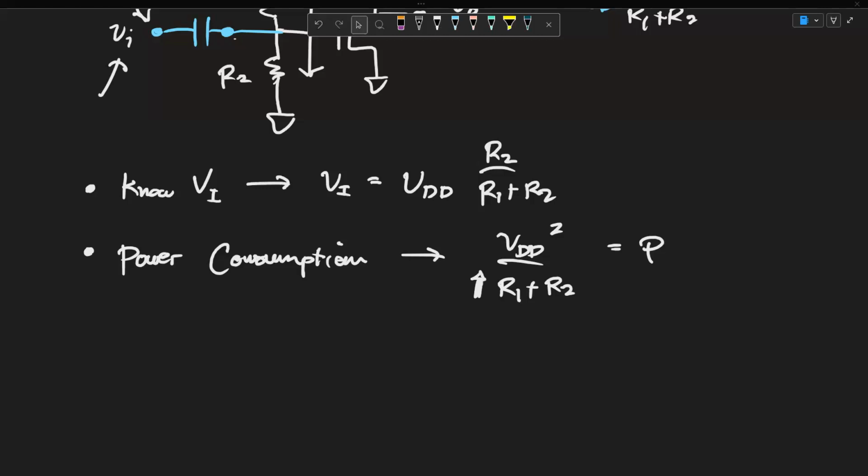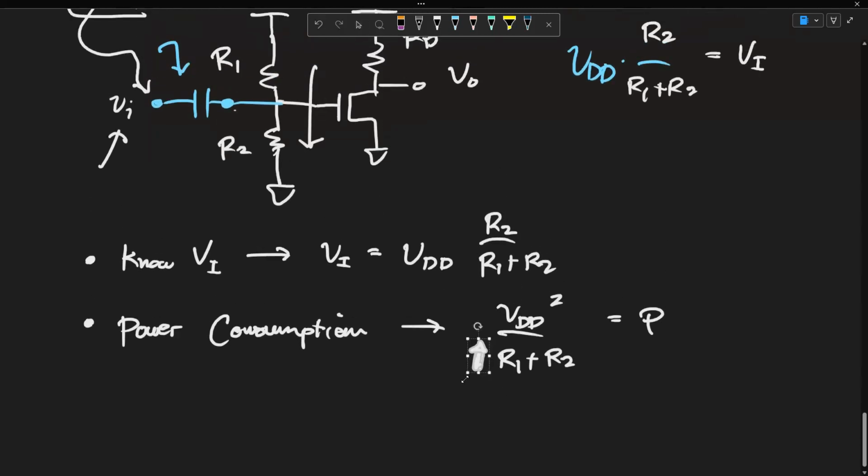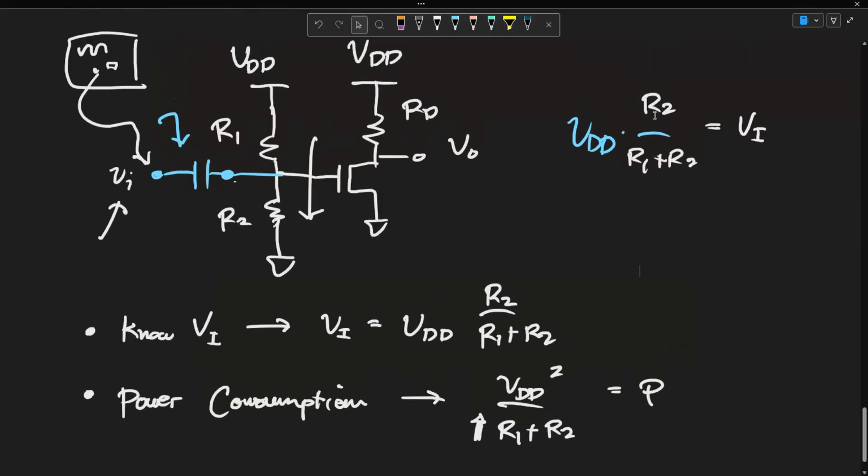So we would want R1 and R2 to be as high as possible. That's another thing that we consider. So typically we choose in around the thousands range for this one.